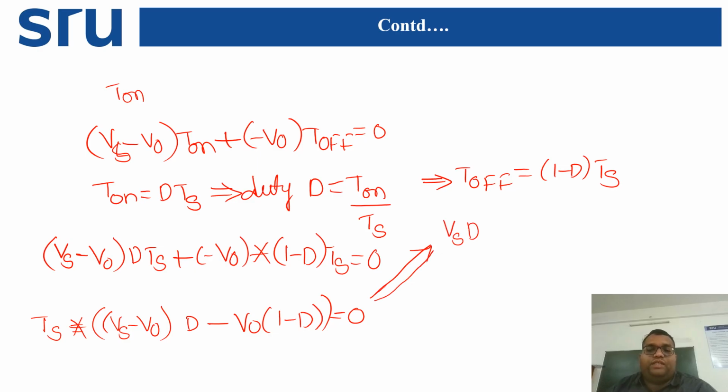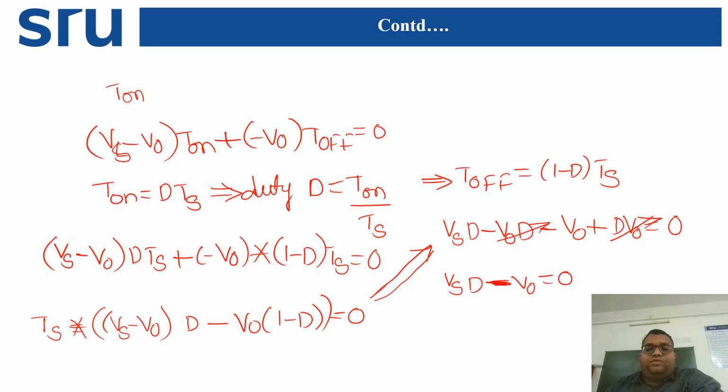Vs times D minus V naught times D minus V naught plus D times V naught is equal to 0. This is the overall output formula for the buck converter circuit under operating switch on as well as switch off condition. So this will get cancelled. Finally, Vs into D minus V naught is equal to 0.